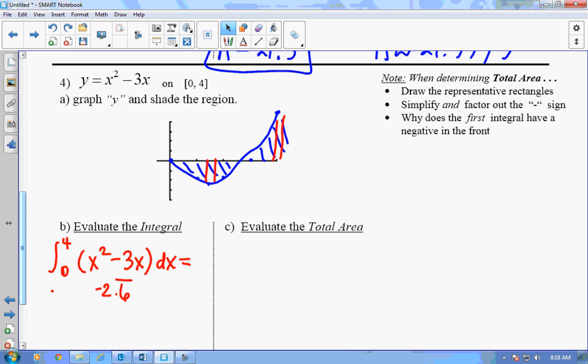Jonathan. I'll move this down a little bit. C requires a little more work.